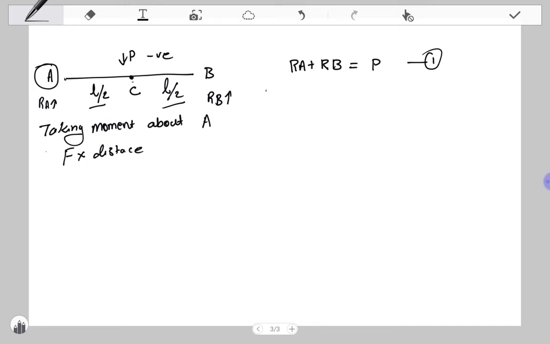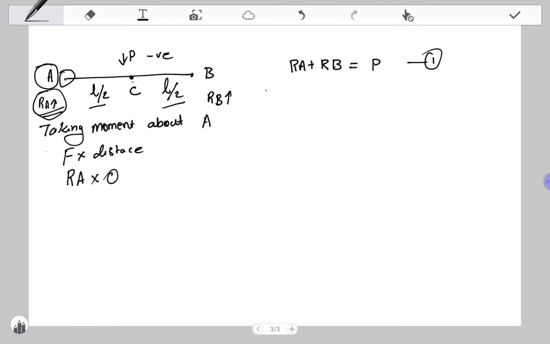Here the force acting at A is RA, right? And the distance between the point A and the force is 0, since the force is acting at the point A. So the moment at A will be RA into 0, correct? And what is the moment at point B?